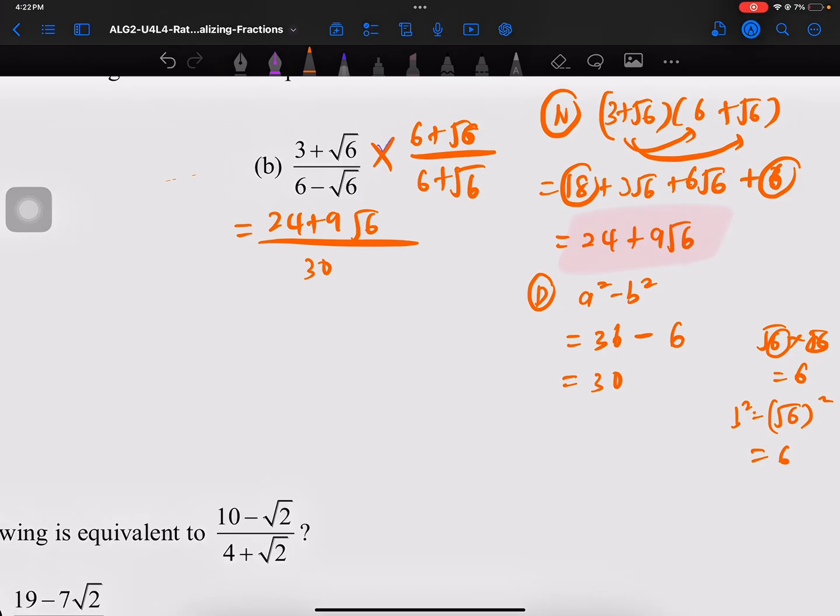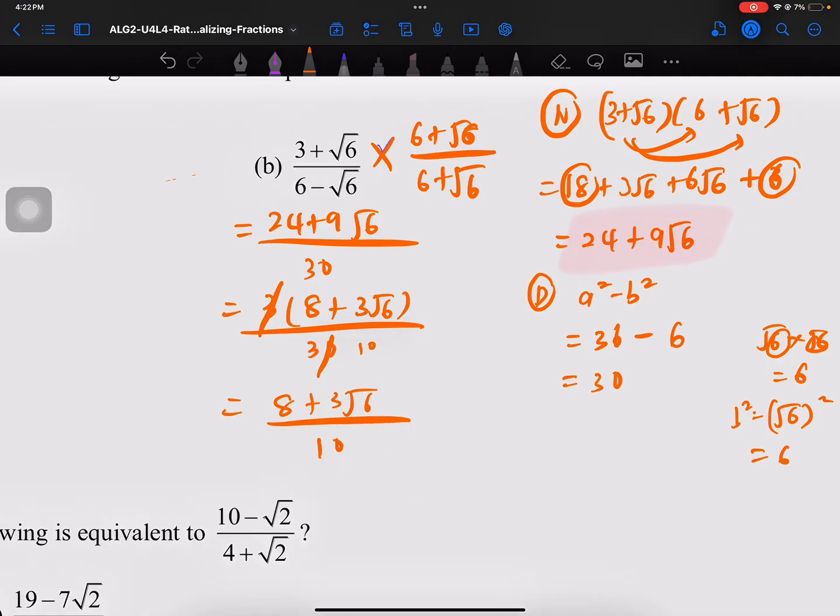So I take out 3, 8 plus 3√6 over 30. This 3 and this 30 can cancel, here it becomes 10. So 8 plus 3√6 over 10. You can point out that 8 and 3 share no factor with 10, so it's fully simplified.